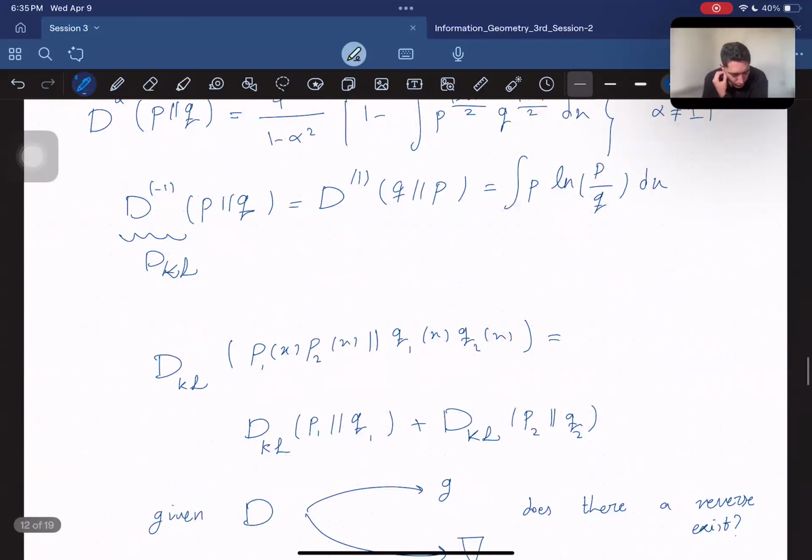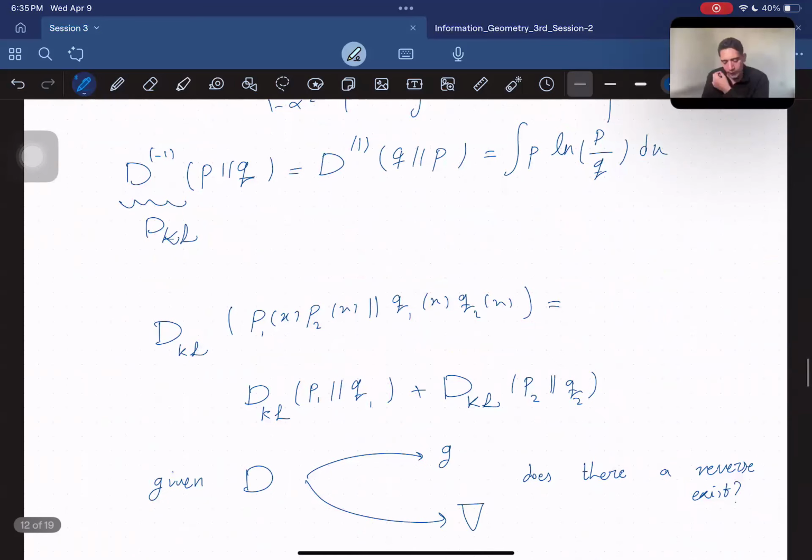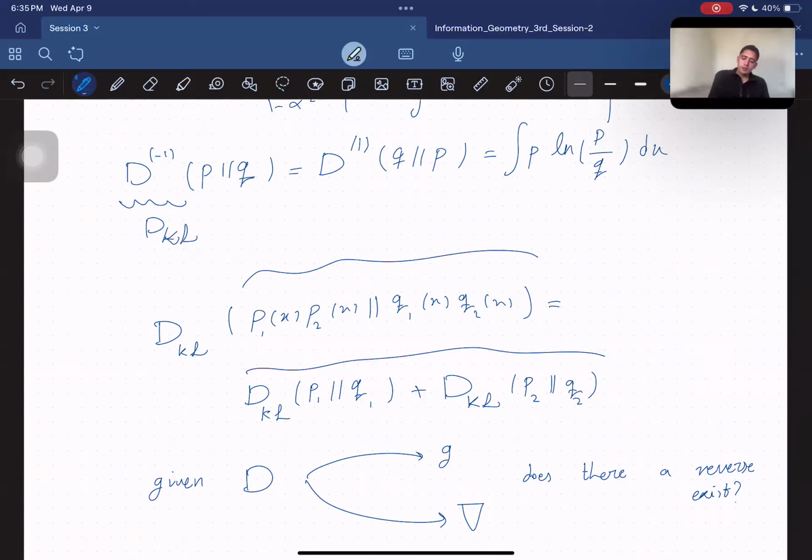Also, some other application-based properties of KL divergence is as follows, that the KL divergence of the product of distributions equals the summation of the each part. Okay, we'll get to this in the application sessions, which is the latter two sessions.